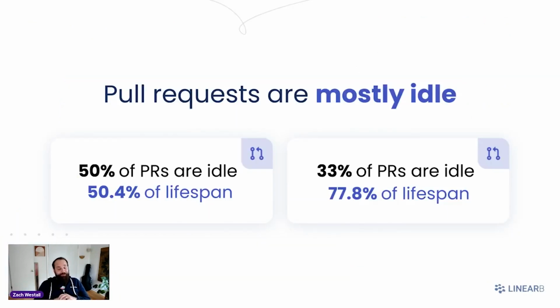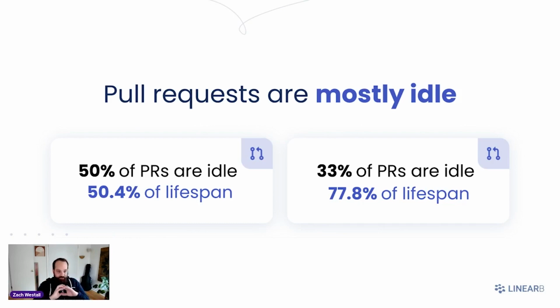First and foremost, pull requests are mostly idle. Half of all pull requests that we analyzed are idle for half of their lifespan. Just let that sink in for a second. Half of all pull requests idle for half of their lifespan.